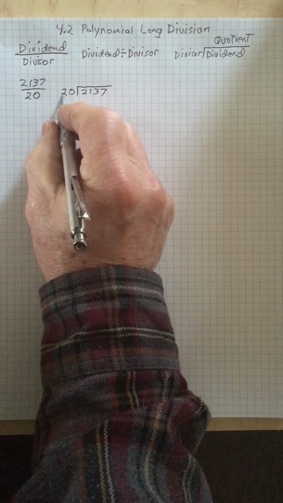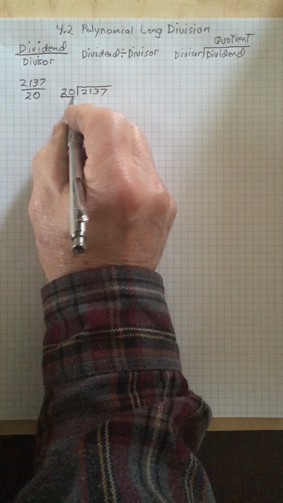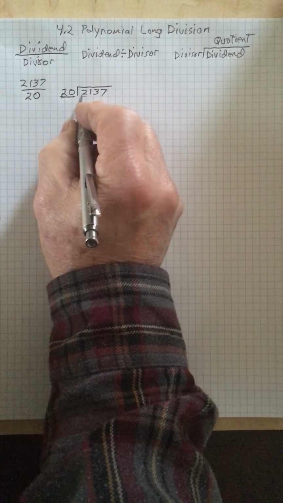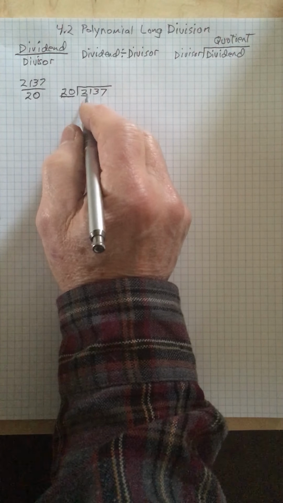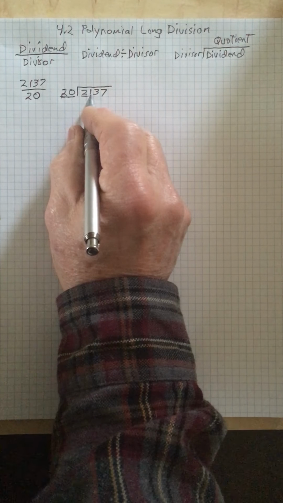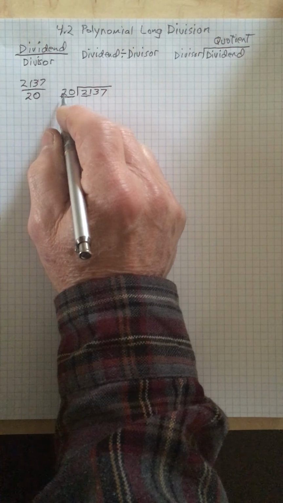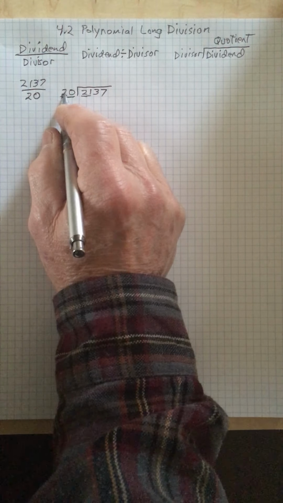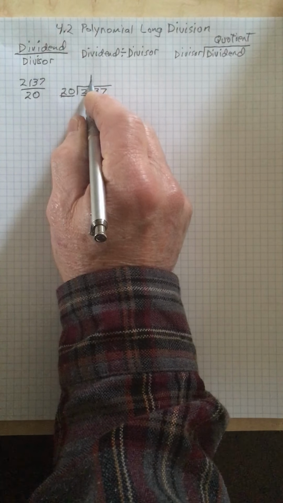And then basically this is how it works when you're dividing numbers or polys. You look at the number out here. This is your leading term. And we're starting off here working from left to right. So our leader here is 2, but that's too small. So then we go to 21. And we stop and we say, well, what do I have to multiply 20 by to equal 21? Well, it won't equal, but 1 is as close as we can get.